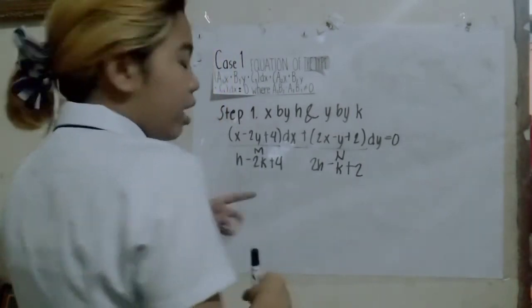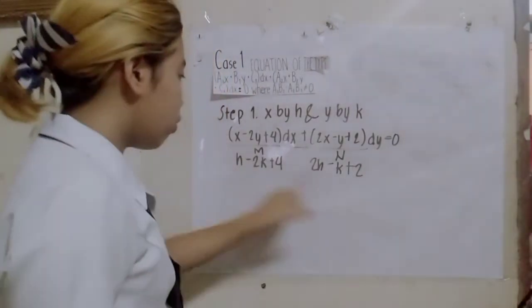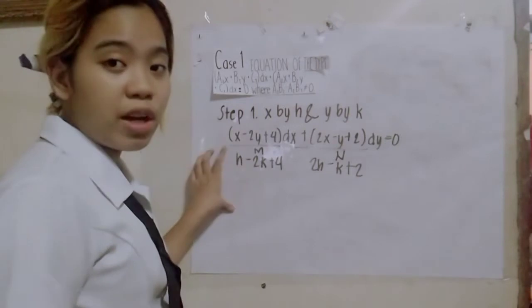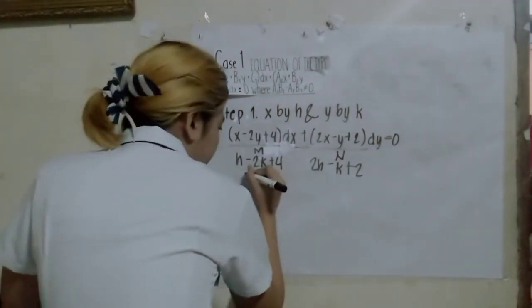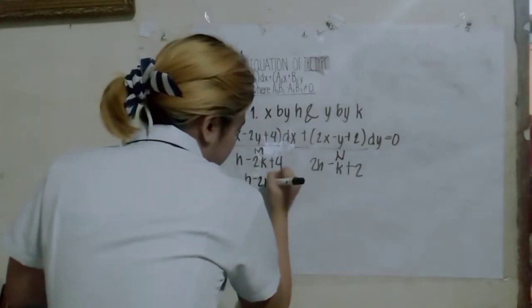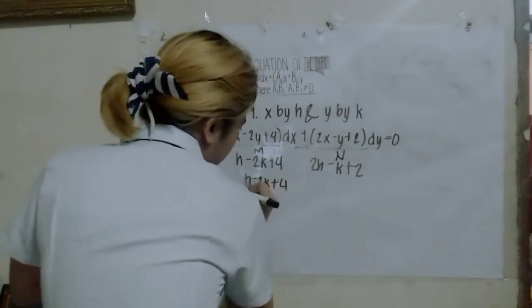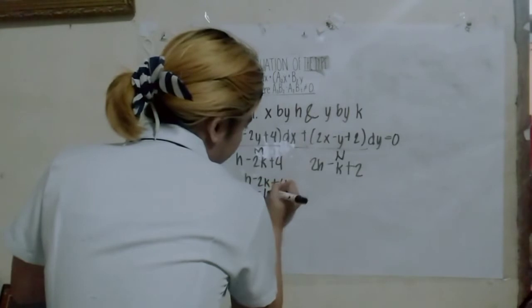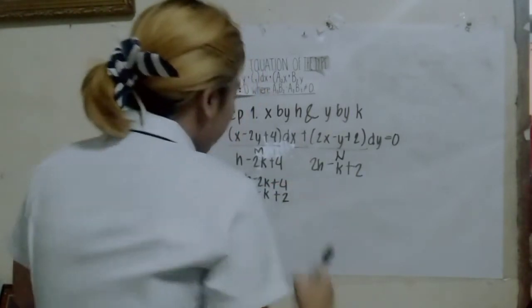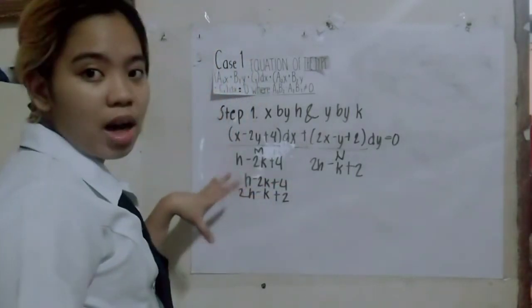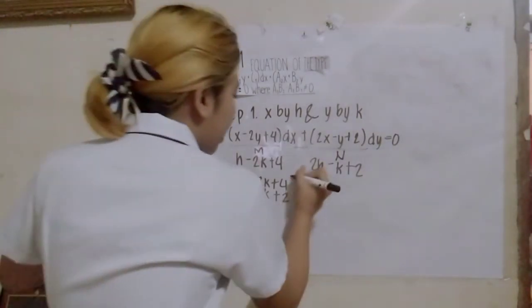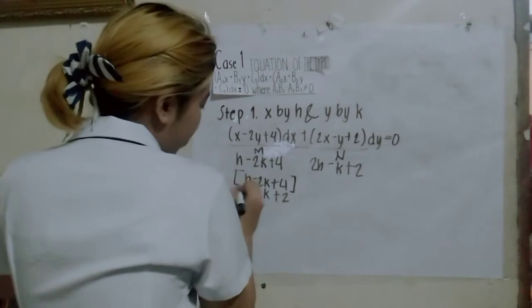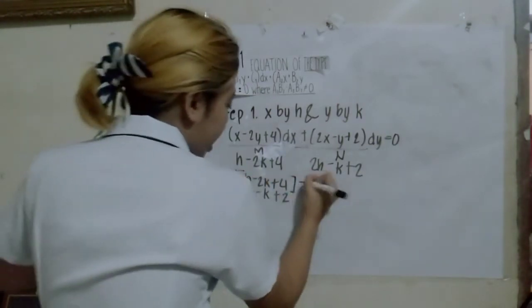I-solve natin sila para makuha natin yung value ni h at k. So, copy lang natin si h minus 2k plus 4 at si 2h minus k plus 2. Paano natin ito makakancel si h kung meron siyang 2? Ang gagawin natin, i-multiply natin si m kay negative 2.